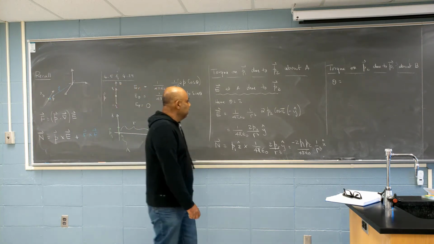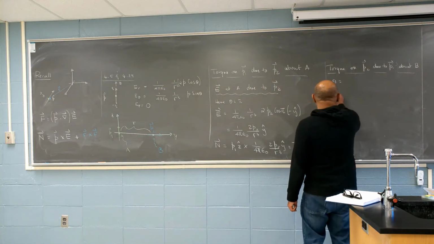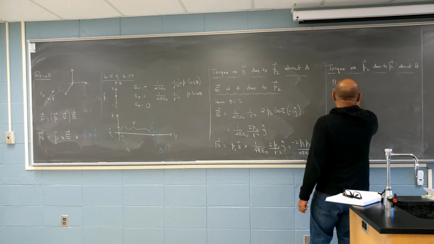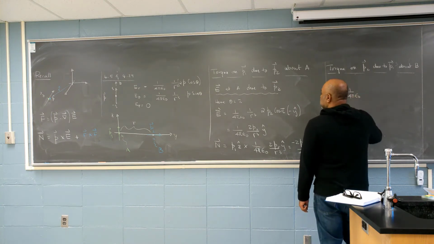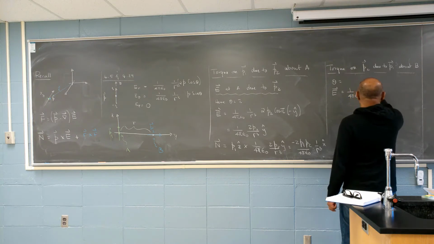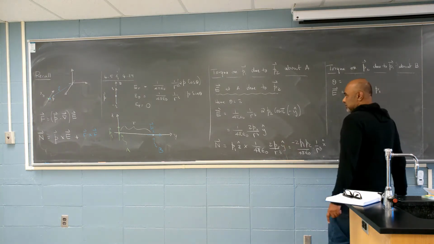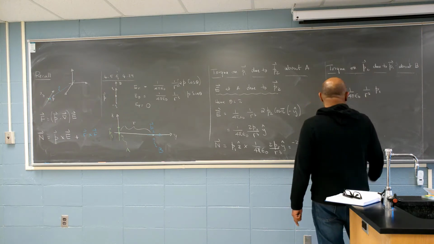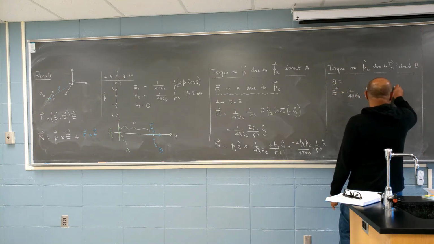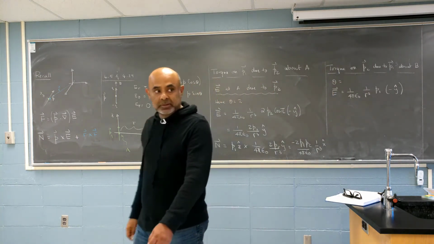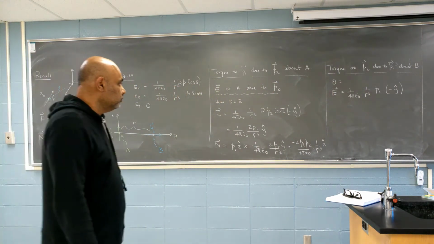So the electric field here is 1 over 4 pi epsilon naught, 1 over r cubed, P1, sine theta is 1, and the direction, which is always the crazy thing to remember.